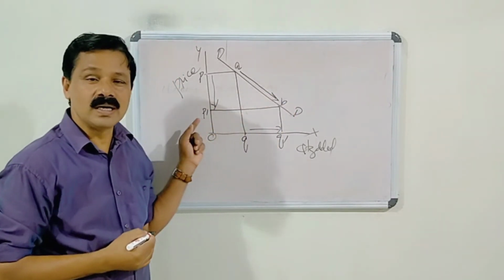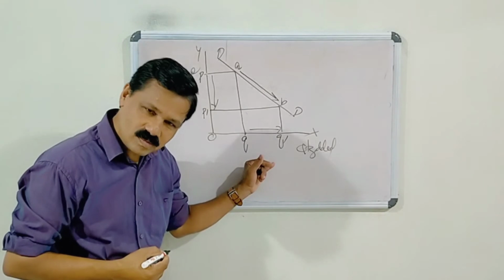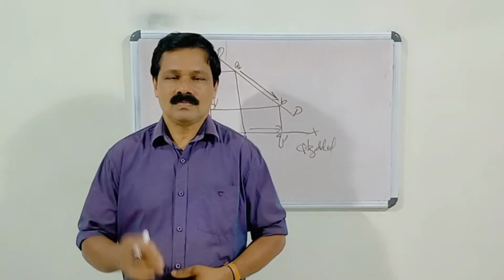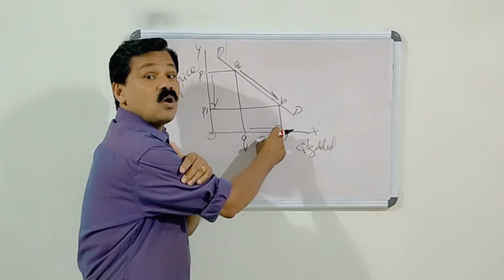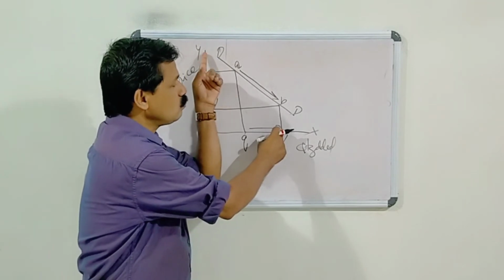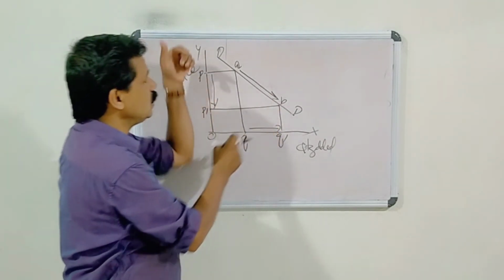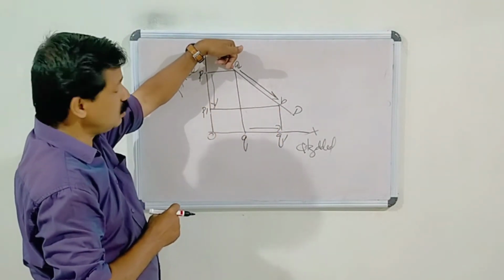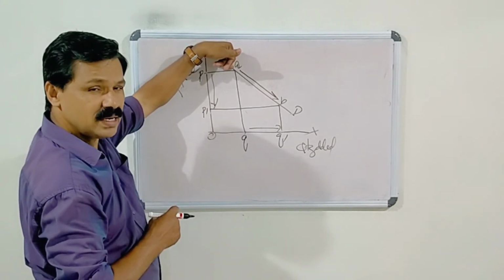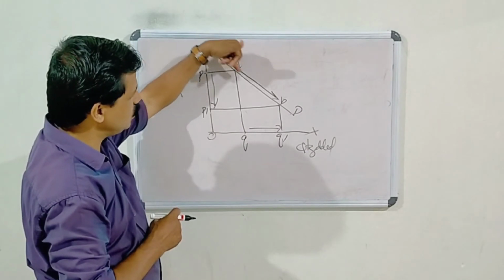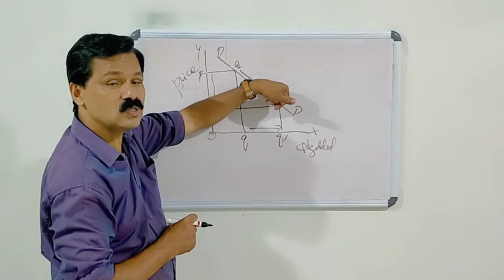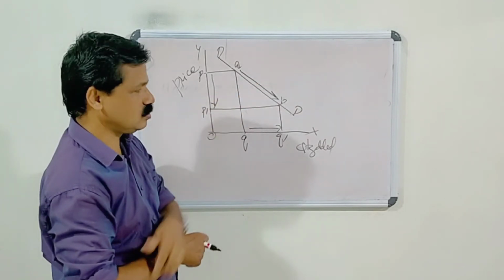This is what is called downward movement along the demand curve. This is known as expansion of demand, or movement along the demand curve. See here, the quantity demanded increases from point A to point B. Downward movement along the demand curve is known as expansion of demand.